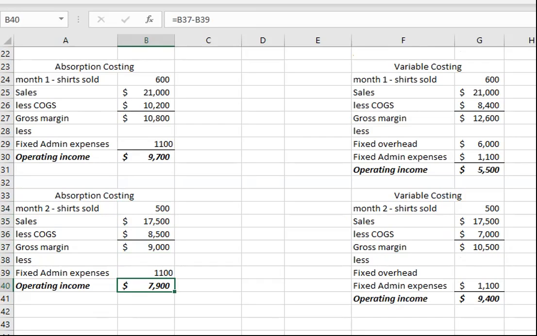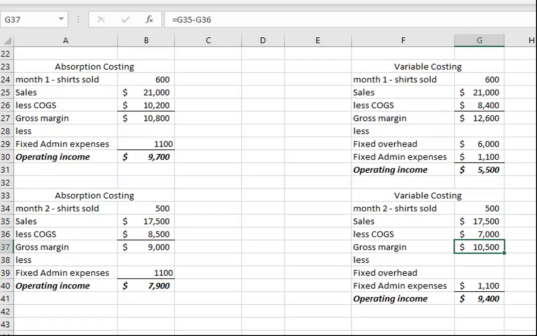Now with variable costing, again, the sales are the same, 500 shirts, which nets to $17,500 in sales dollars, and our cost of goods sold is only $7,000, which goes to a gross margin of $10,500.